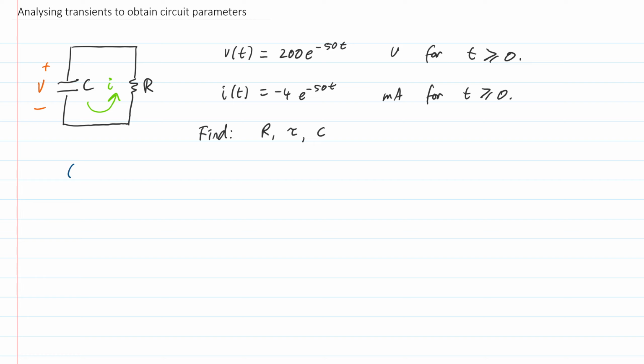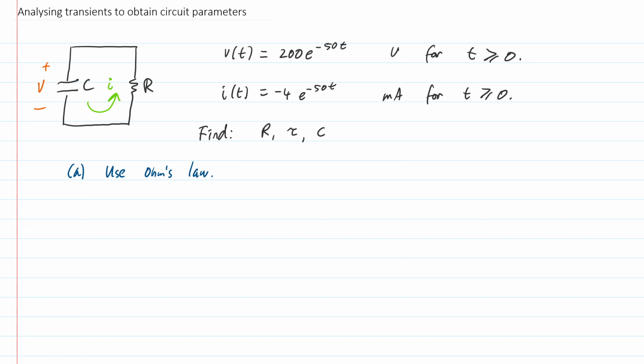So firstly, to find the resistance, if we know the voltage and the current through a resistor, we can use Ohm's law and calculate resistance directly from that. Now we just want to pay attention to the signs here. We have a voltage and a current which are defined as drawn on the diagram.